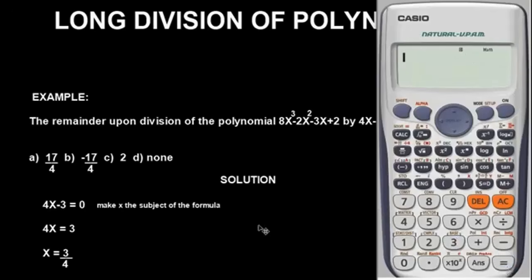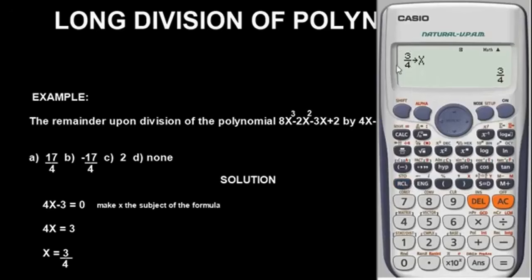The next thing we will do will be to store this value of x, 3 over 4, in the calculator as x. So to do that, you press the number in fraction, you make use of this button, 3 over 4, then press Shift, this button RCL stands for store, then the alphabet X, this button.